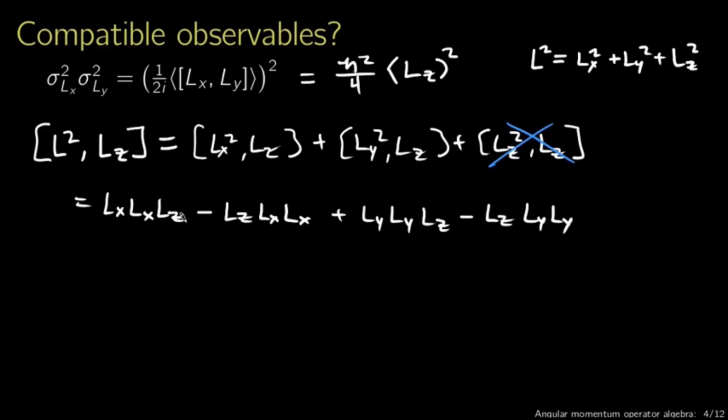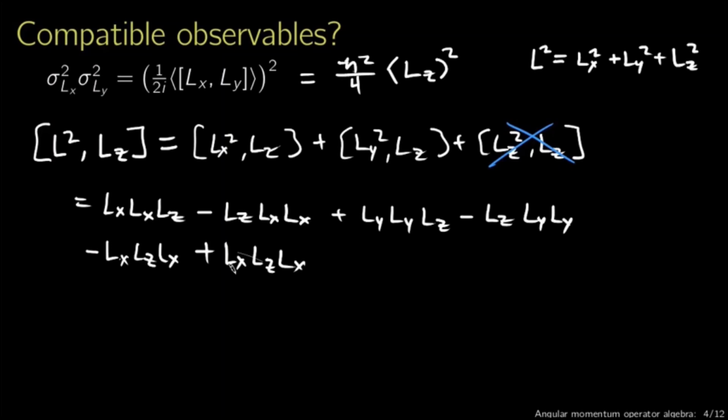You can simplify this expression by adding and subtracting the missing terms. If you think about this, here I have two x's on the end and Lz. What about Lz in the middle? So let's add and subtract Lz in the middle here. I'll write this as minus Lx Lz Lx plus Lx Lz Lx.